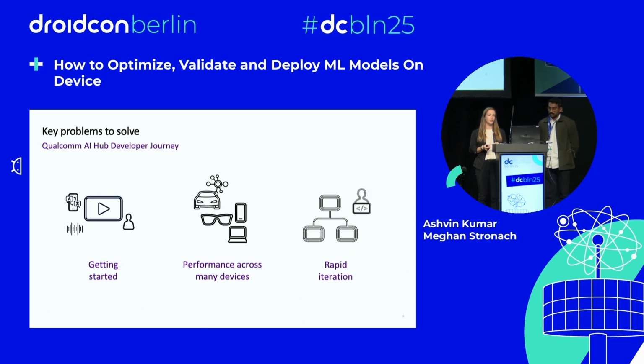So we want to make sure that you're deploying an optimal model, but also that it works regardless of what phone a user has. So you don't want to have to create a new model for every device that you're looking to deploy to. Then you can just use the one model that you've optimized and bring it across the devices that your users are interested in or that they have.